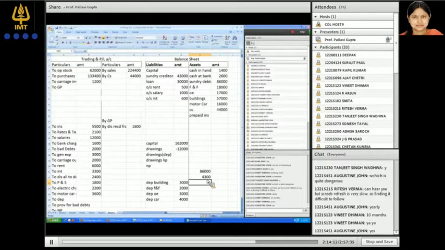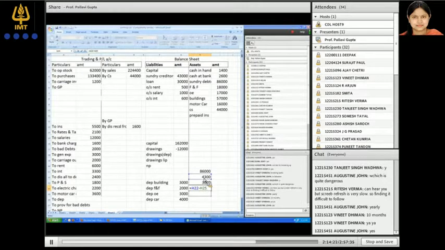So if I have to maintain 4300 and 3000 I am already having, what extra do I need to make? This extra I will make from PL, provision for bad debts 1300 from the PL.